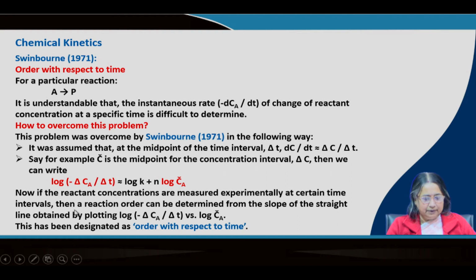The reaction order can then be determined from the slope of the straight line obtained by plotting log of delta Ca by delta t versus log Ca average. After plotting this, you will get the order of the reaction, and he said that this is the order with respect to time.